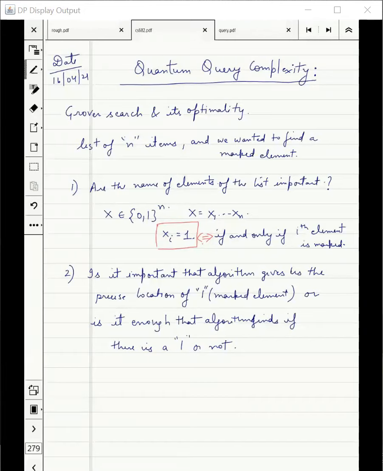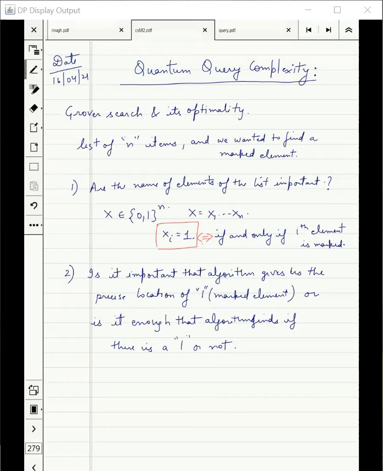Question is clear. We can have two demands from the algorithm. The simple demand is that the algorithm only tells us if there is a marked element or not. I think more, it would matter, because if we have just to check if there is some marked element in the inputs given to us, then in the case of Grover search, if we apply the oracle, we would see that some of the vector's coefficients have gone to -1.